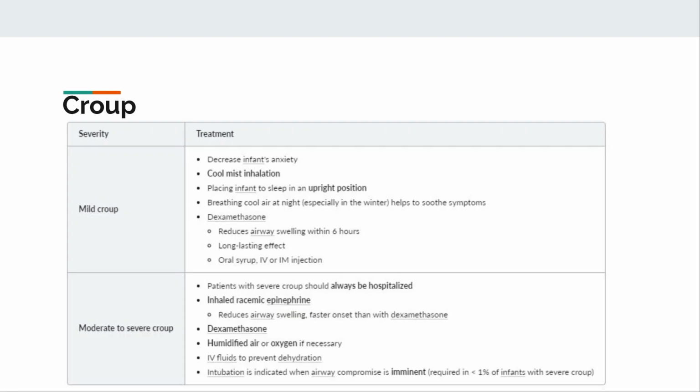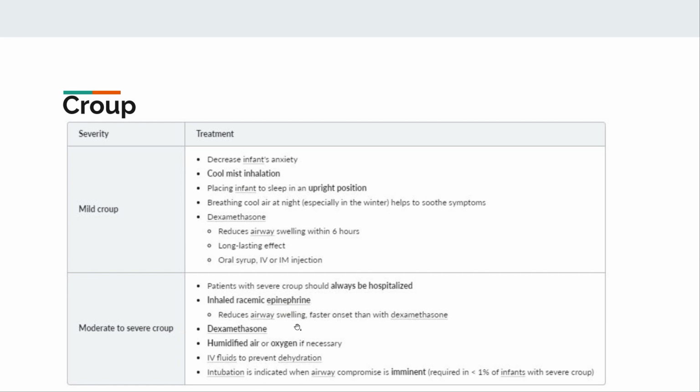As I alluded to earlier, the treatment of croup is mostly supportive in mild croup. It's calming the child down, keeping them upright, and giving them some steroids. So steroids are very helpful because they reduce swelling. They reduce swelling by reducing inflammation. So something like oral prednisolone is great, and it's easily given in the emergency room.